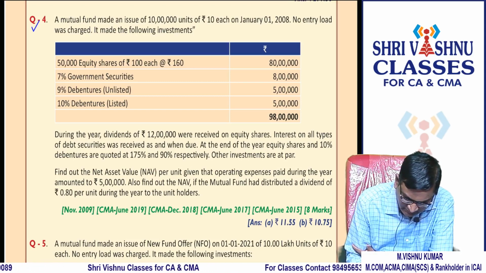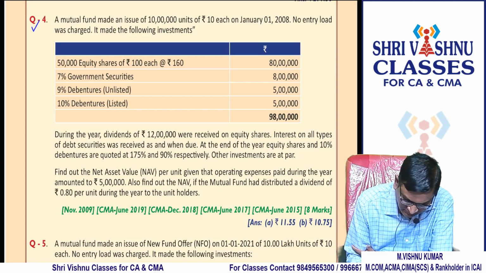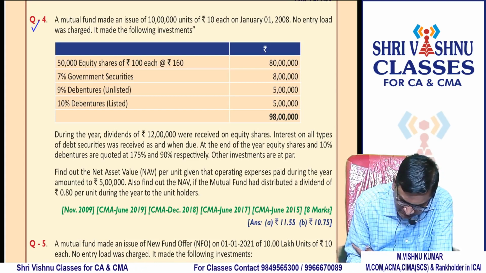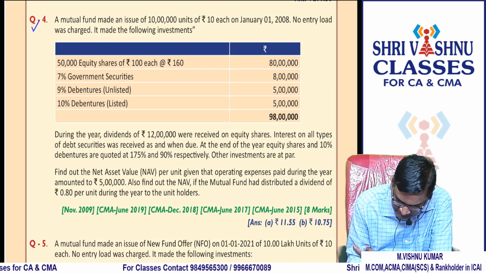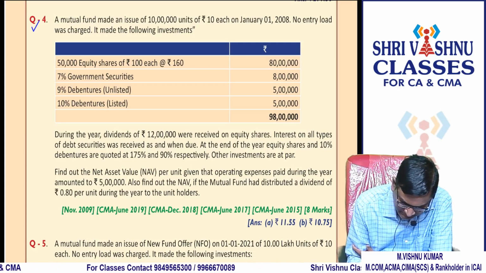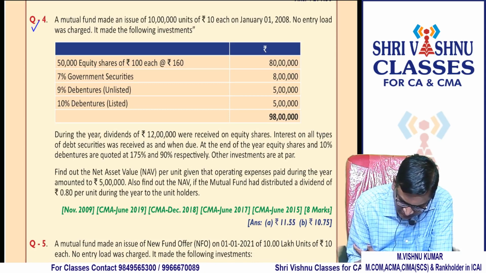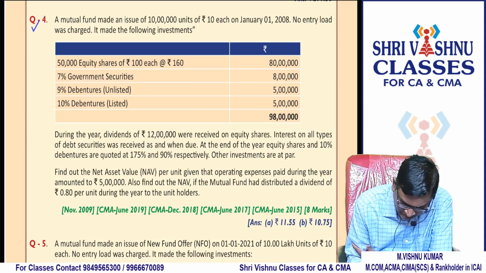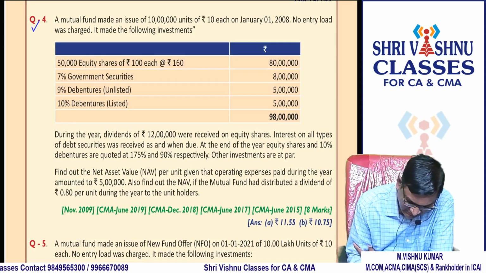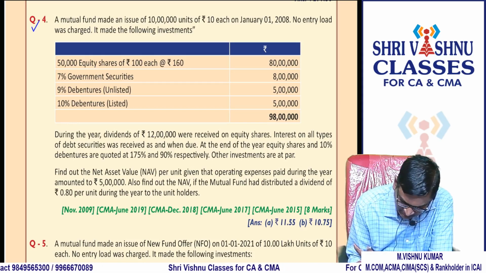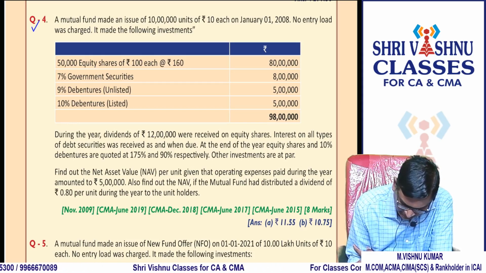It made the following investments: 50,000 equity shares of rupees 10 each at 160, 80 lakhs, 7% government securities 8 lakhs, 9% debentures 5 lakhs, 10% debentures listed 5 lakhs, total 98 lakhs.